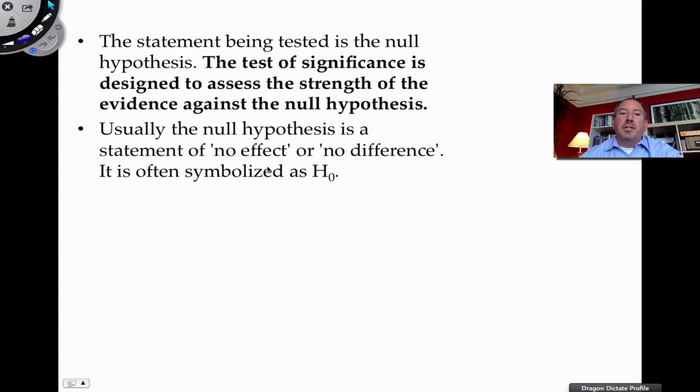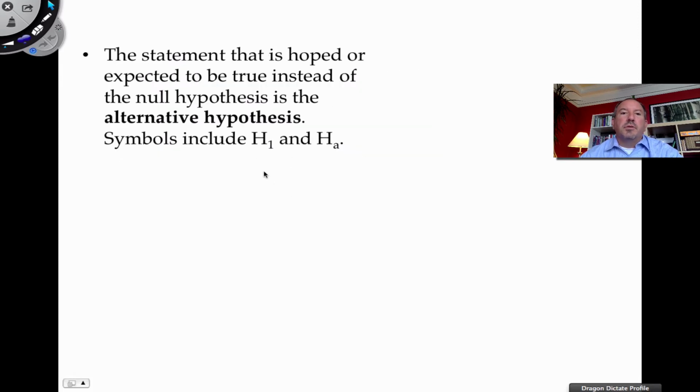Okay, so usually the null hypothesis is that there's no difference, there's no effect of the variable. Okay, and so when you're experimenting, you're hoping that there's an effect of moisture, an effect of light, or an effect of a certain pharmaceutical, maybe.